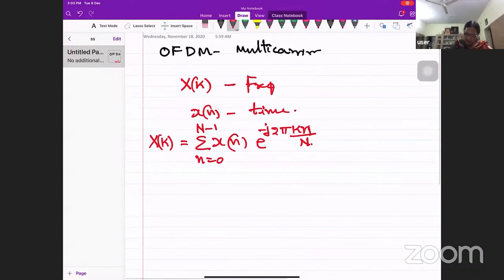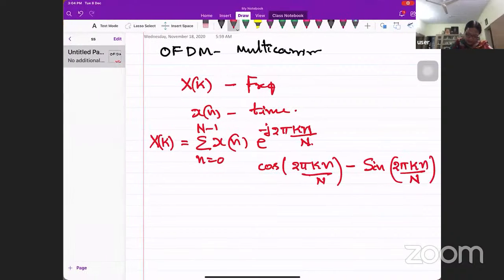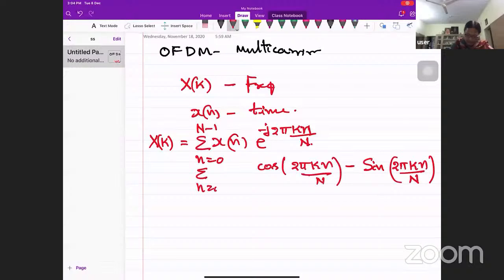Here I can open this as cos 2 pi k n by capital N with a minus sign, sine 2 pi k n by capital N, and the summation of n equal to 0 to N minus 1 of x of n. These are the equations I am using.